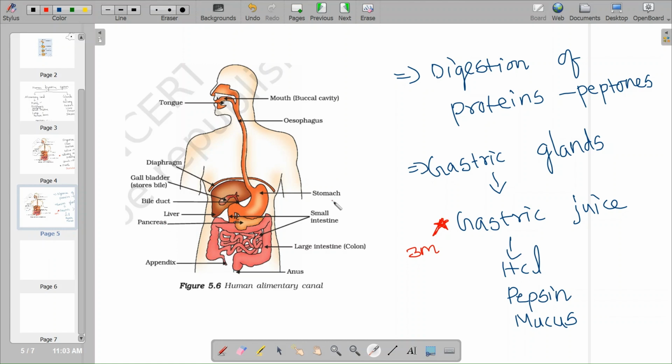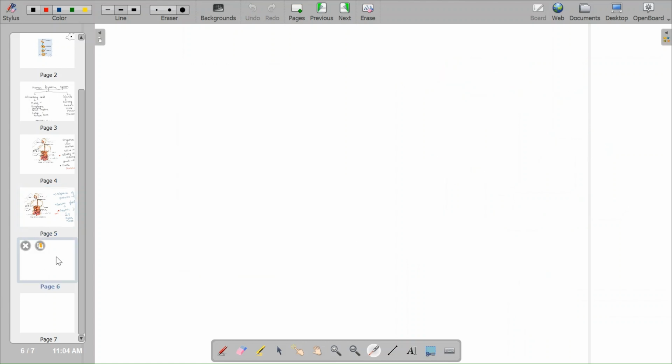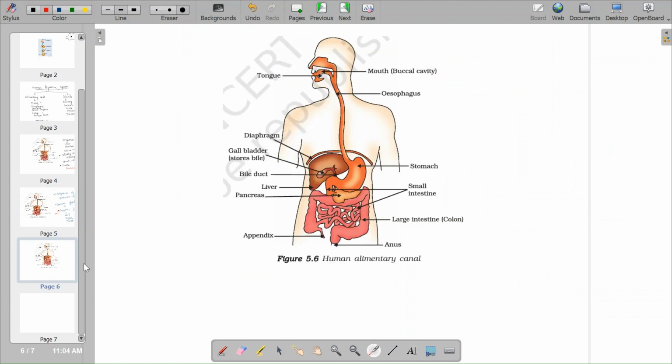Now after protein digestion, the food enters the small intestine. Near the small intestine there are organs, the liver and the pancreas. This is the liver, and this is the pancreas. So we will learn about what is happening in the small intestine.